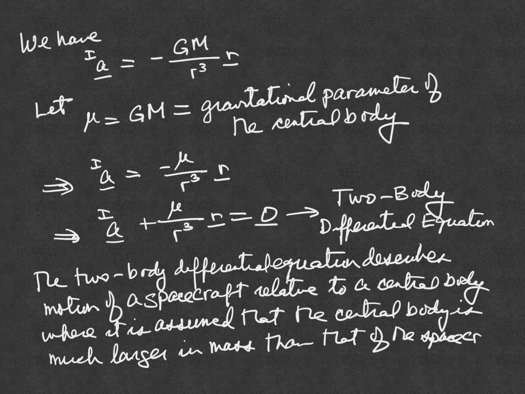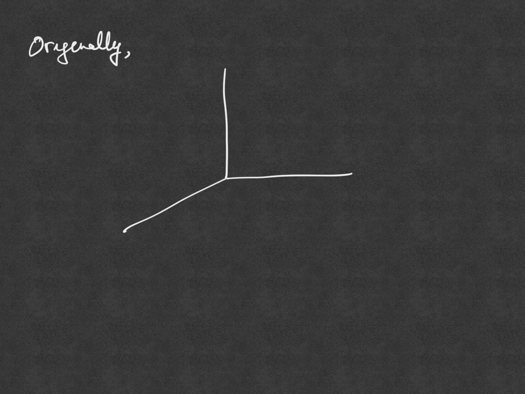Now, that assumption actually allows us to do something else, which is really important. So let's go back to the original diagram, and we'll see something here that actually makes this a little bit more tractable. So originally, we had the following diagram. We had this inertial frame, and the inertial frame had a point O, which was fixed in I. So it's sort of a repeat of what I had written earlier.